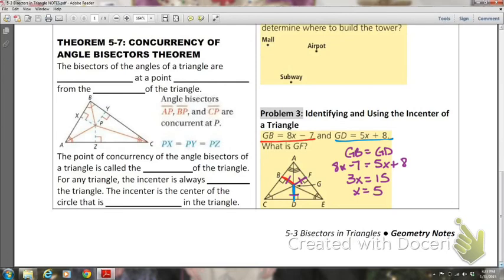So we need to plug that back in to find the length of GF, because GB is equal to GD is equal to GF. So we can plug it into any one of these.